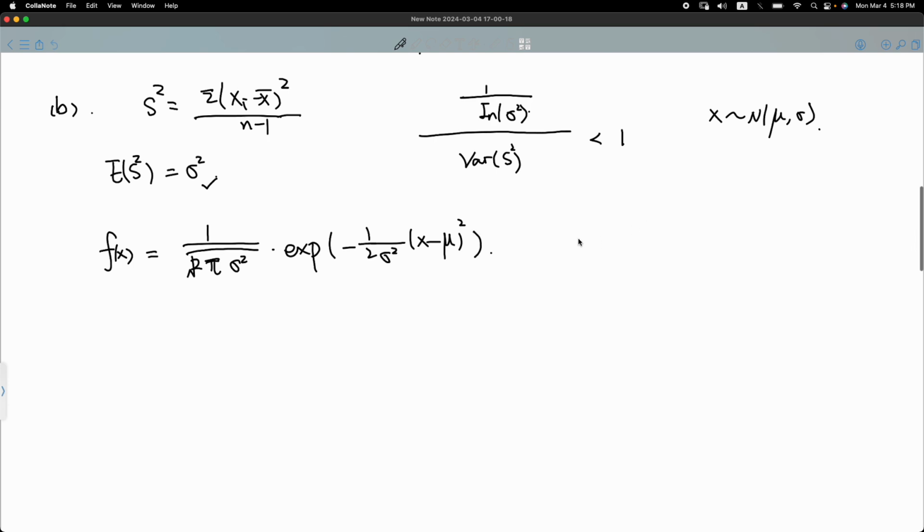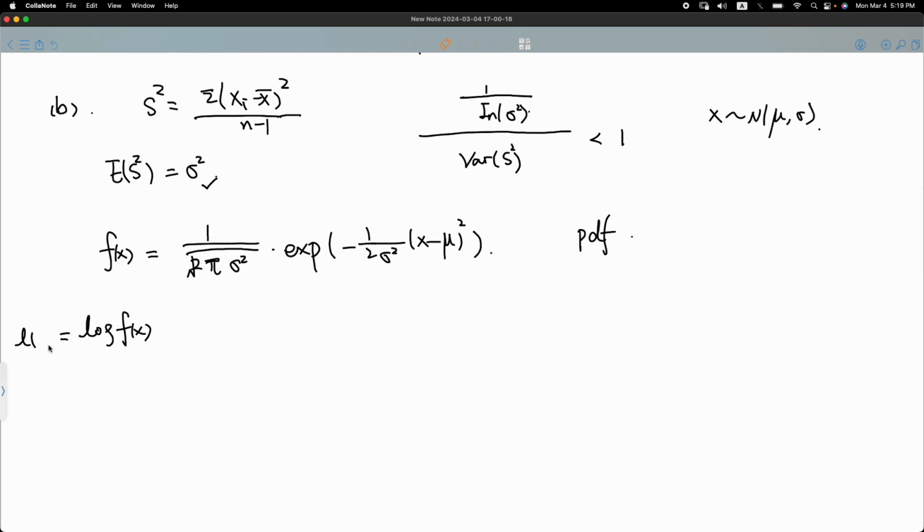Okay, so this is just the PDF. Now let's write down the log likelihood, which is essentially the log of the PDF, and let's denote it as L.